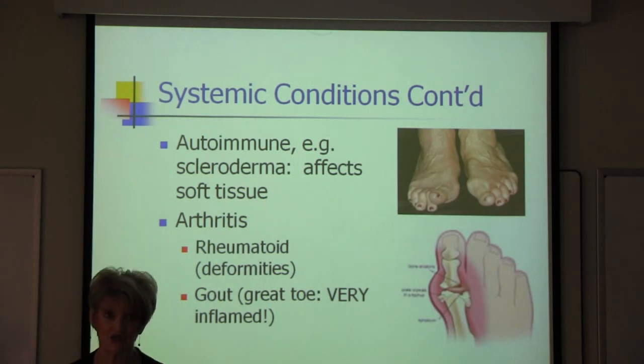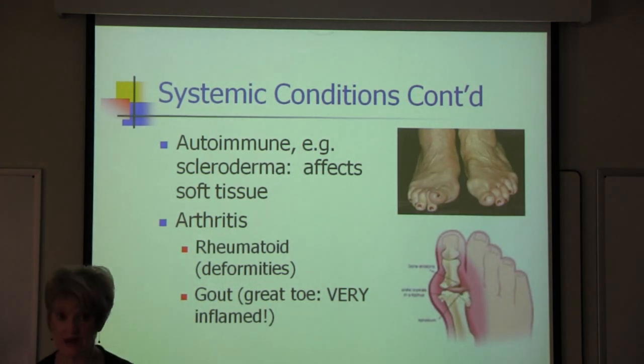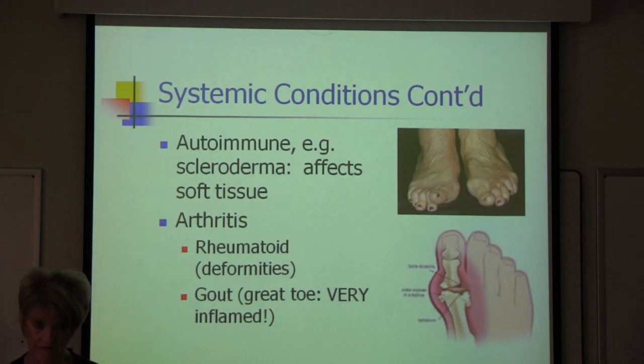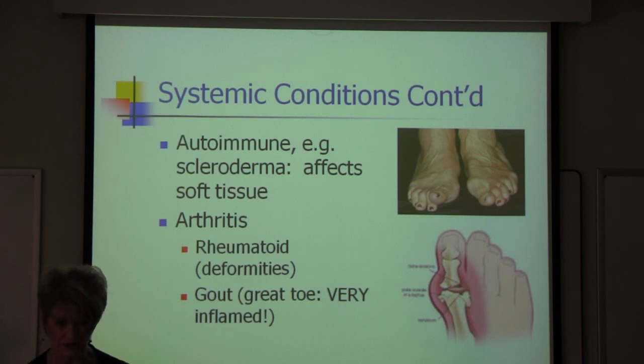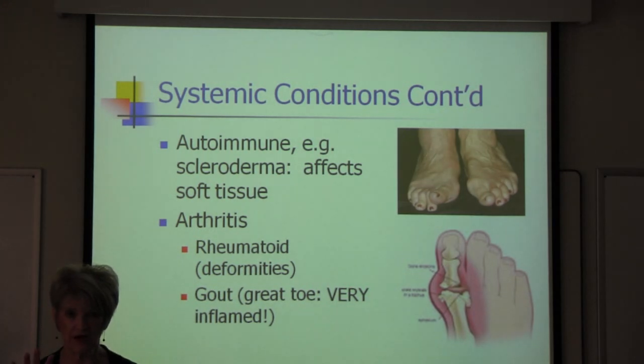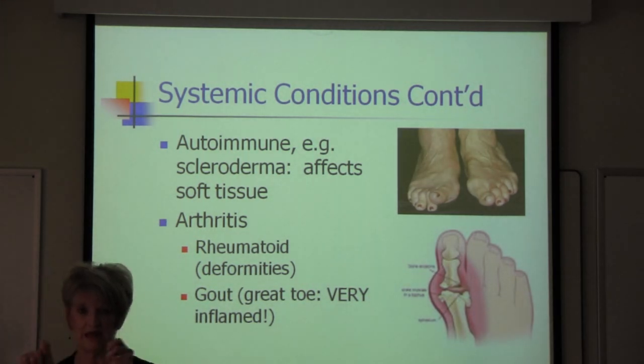Other systemic conditions that can affect the skin and nails and that have implications for us in managing these patients, autoimmune conditions such as scleroderma. A lot of you have cared for patients with scleroderma, and you know that the soft tissue loses all of its pliability. It's like the skin is stretched tautly over the tissue.